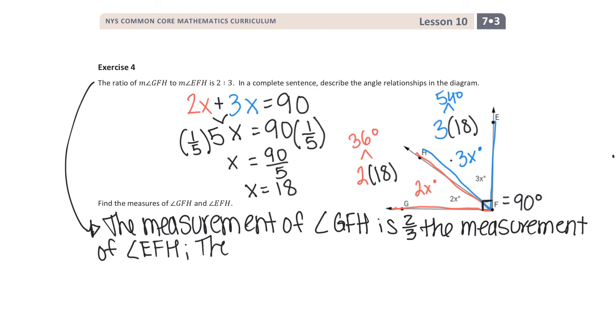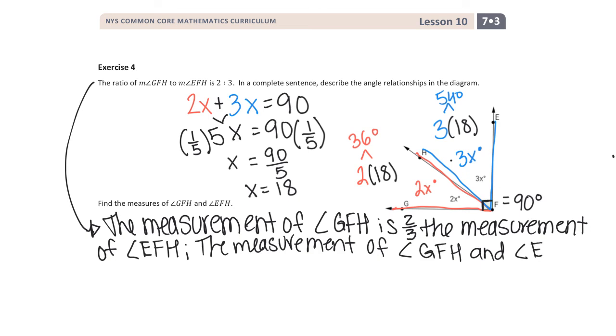So we know that the measurement of angle GFH and angle EFH have a sum of 90 degrees.